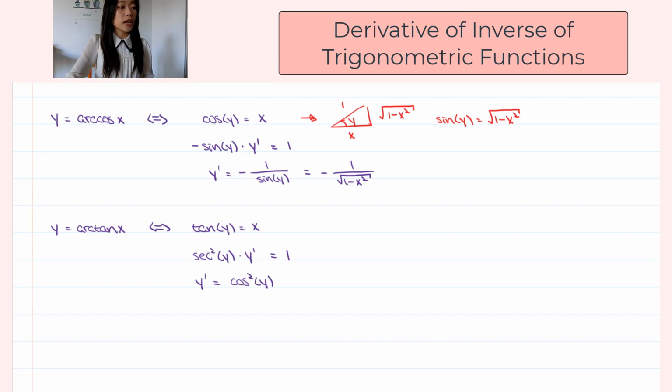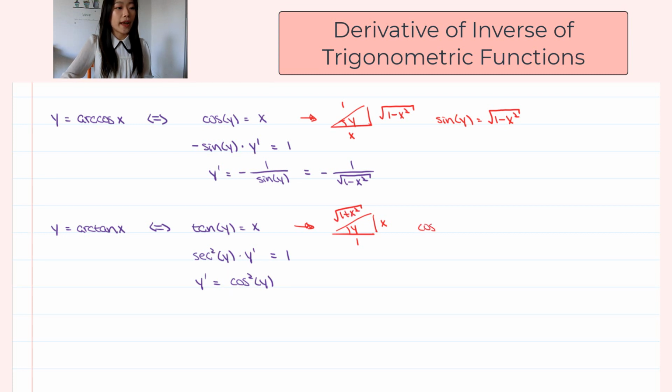Now let's find cosine of y in terms of x. So from here, I have tangent of y equals x, which means the opposite is x, adjacent is 1. So the hypotenuse is the square root of 1 plus x squared.